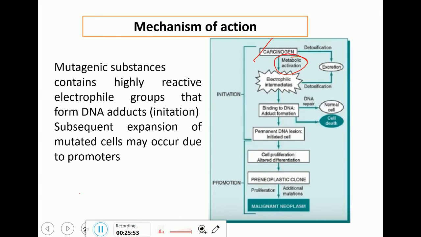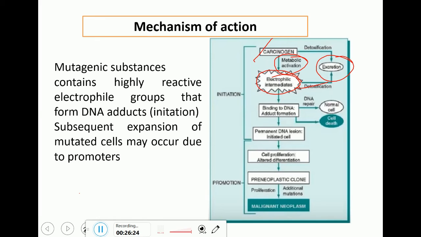The metabolic activation occurs after entering the human body and will generate electrophilic intermediates. Now in the human body, there is a normal process which keeps a check on the entry of these carcinogenic substances. If that process is active in the human body, then detoxification of these intermediates will occur, and excretion of these substances will occur through urine or through the rectum.